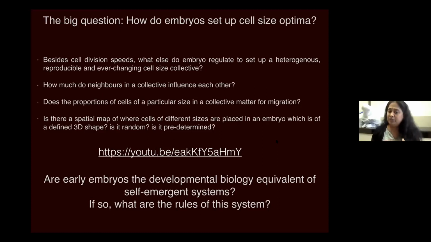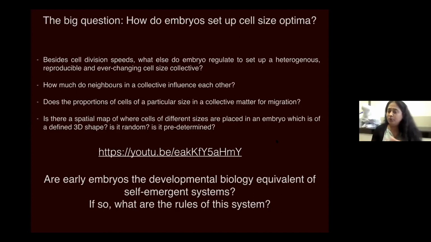And with these self-emergent properties, a haploid embryo or a tetraploid embryo still makes a zebrafish embryo. So this is a conserved set of rules that the system follows. In one case, it results in a normal-looking embryo. In another case, it still results in a recognizable zebrafish, but its shape is completely different.